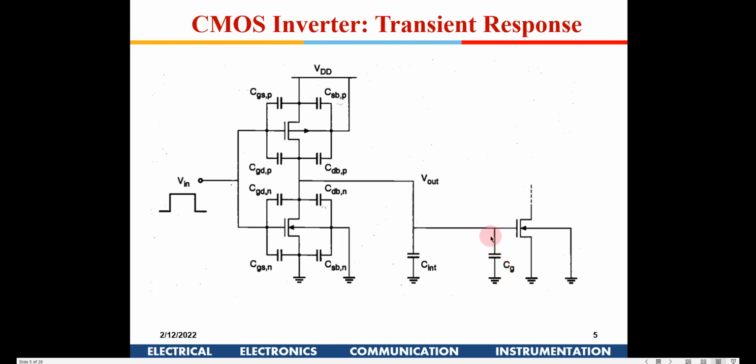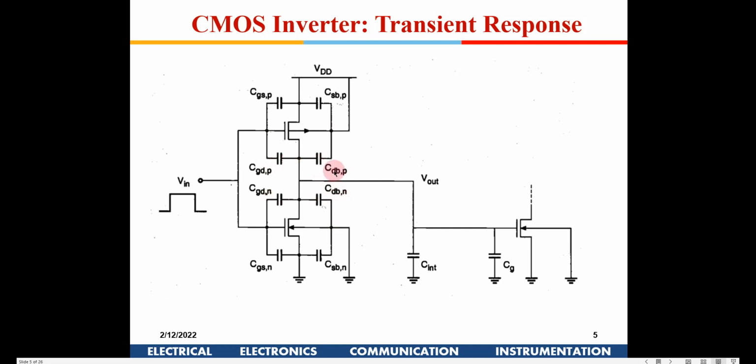This is the interconnect capacitance, and at this node we will have gate to drain, gate to source, and gate to body capacitances. So at this node you will have four intrinsic capacitances.